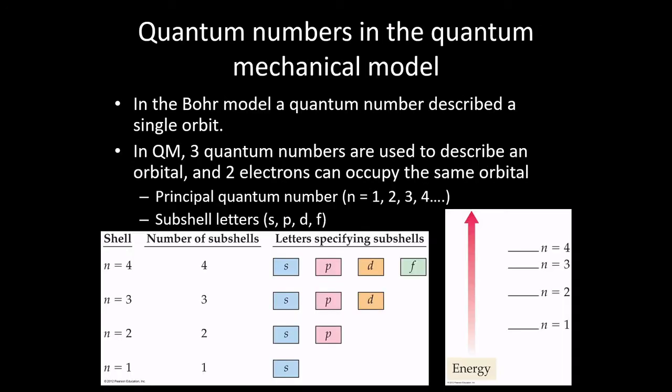Alright, I hope that's clear as mud, maybe a little clearer than mud. In the next video, we are going to talk about how we determine, using the quantum mechanical model, where electrons exist in an atom.